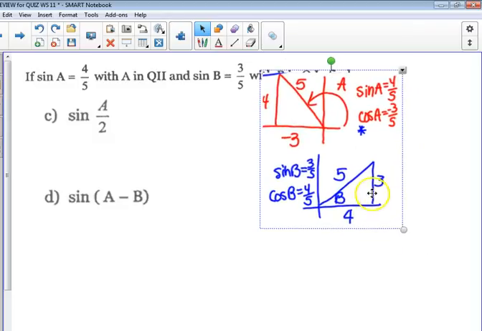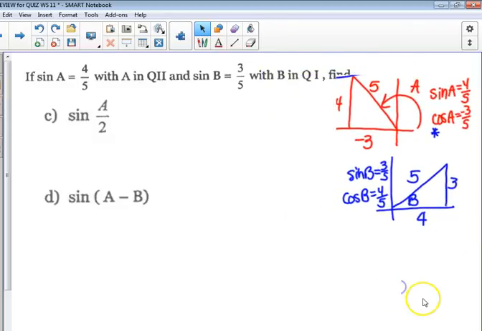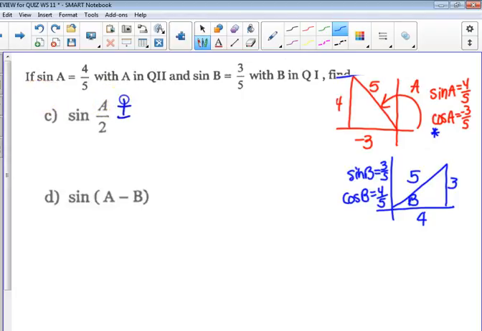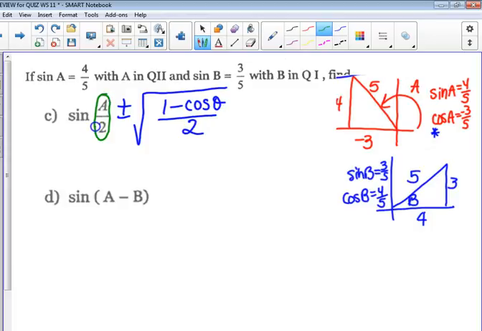What's going on this next one? It's a half angle, so it's a plus or minus square root of... you absolutely can, but we need to talk about why for the rest of us. All right, guys. Remember, to decide if it's plus or minus, you have to look at where the angle is when you divide it by 2.